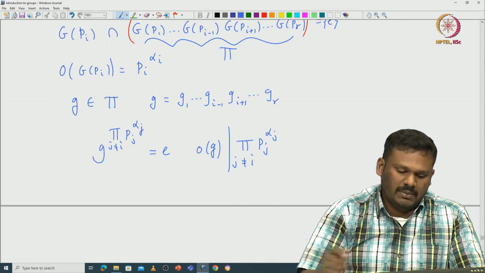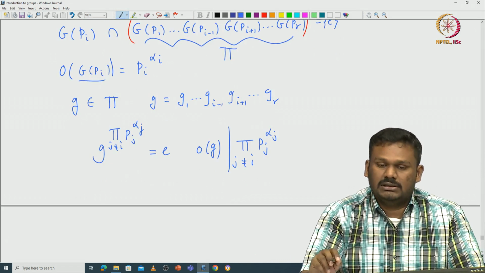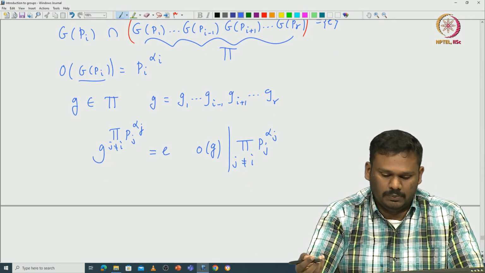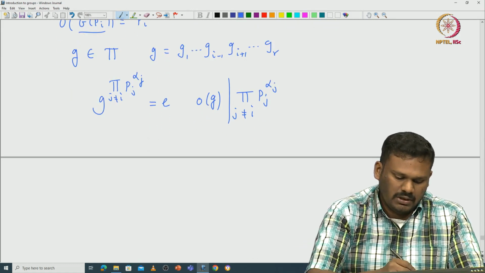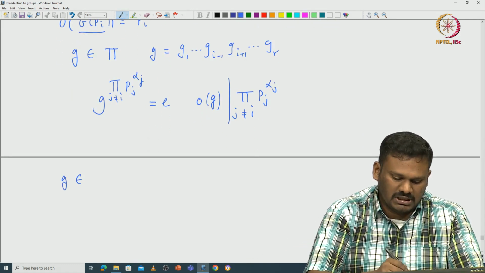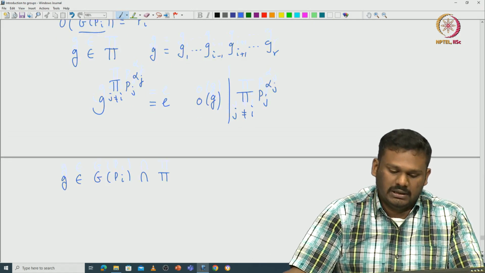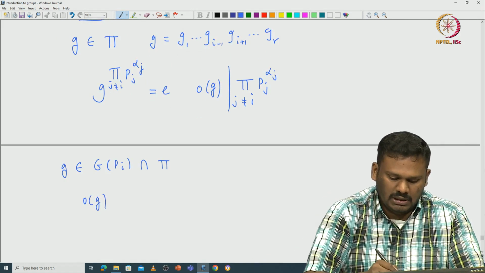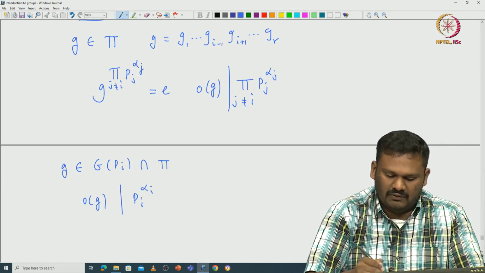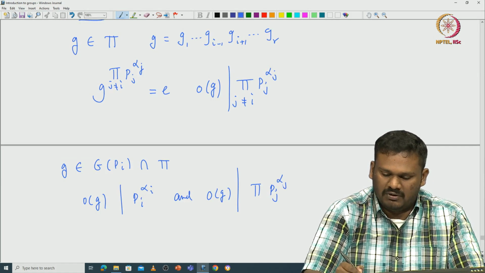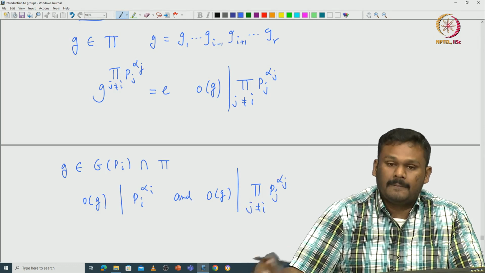But if you take any element from this G of Pi, its order should divide Pi power alpha i, because that is the order of that group. So, if you take some element G in the intersection of G of Pi with the product, then the order of G divides Pi power alpha i, and the order of G divides the product of Pj power alpha j, j not equal to i.